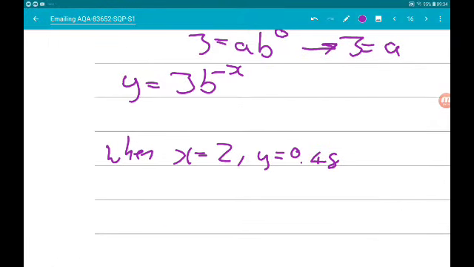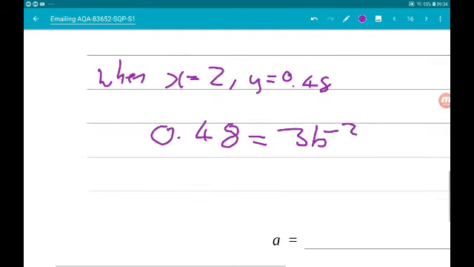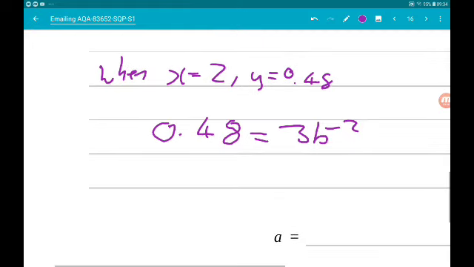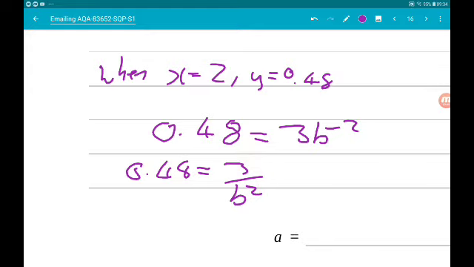So, substitute those in, we get 0.48 is equal to 3b to the minus 2. Now, b to the minus 2 means 1 over b squared. So 3b to the minus 2 is 3 over b squared. So 0.48 is 3 over b squared.